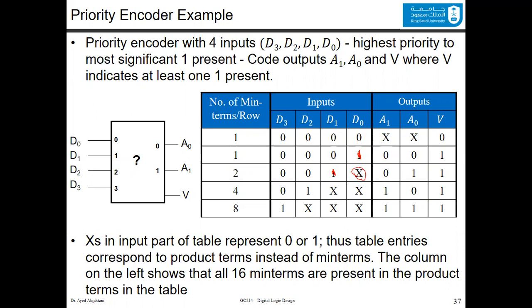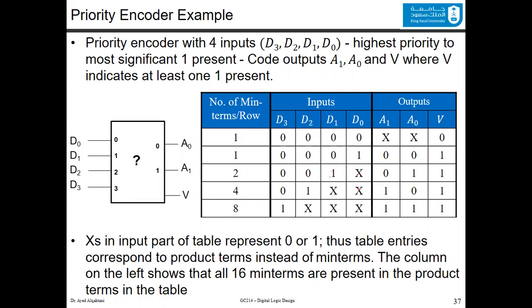Notice that we start using the don't care in the inputs. And because of this, this row is actually corresponding to 2 minterms. The first one is 0, 1, 0, 0, and the second one is 1, 1, 0, 0.